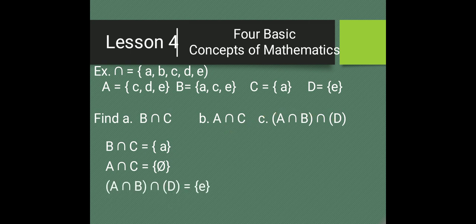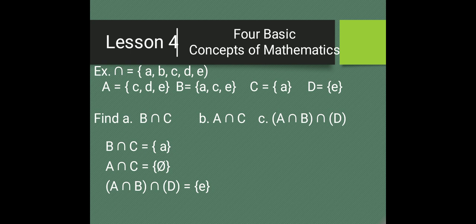Okay, next one. We also have the intersection of A and B, and its intersection to the set D. Okay, yung answer is E. Bakit? Alam natin ang intersection ng A and B is just, ano yon?